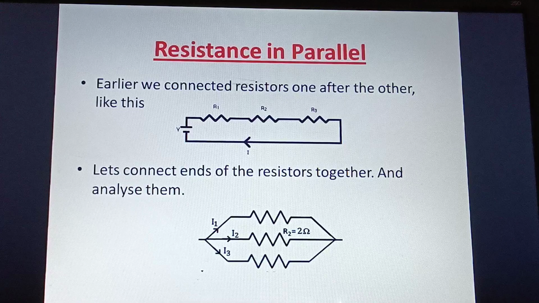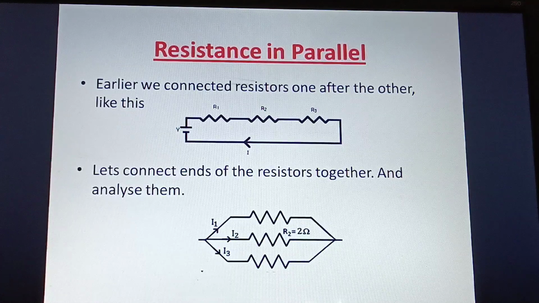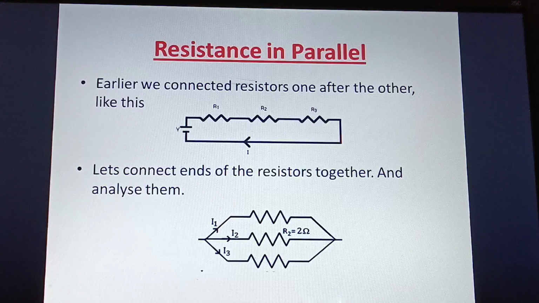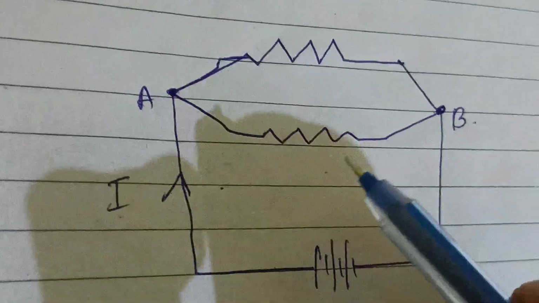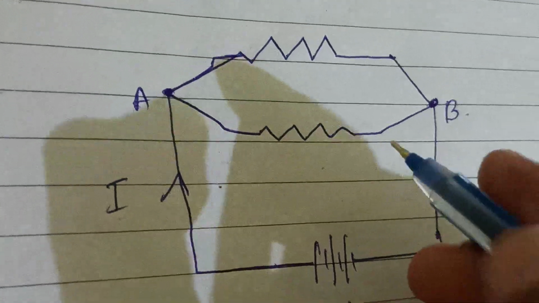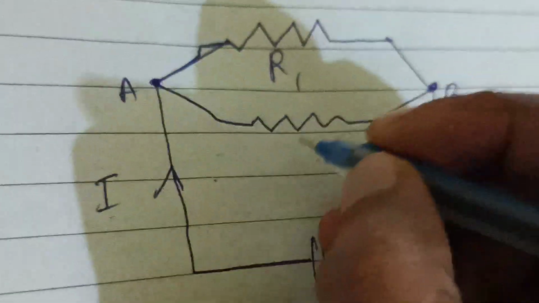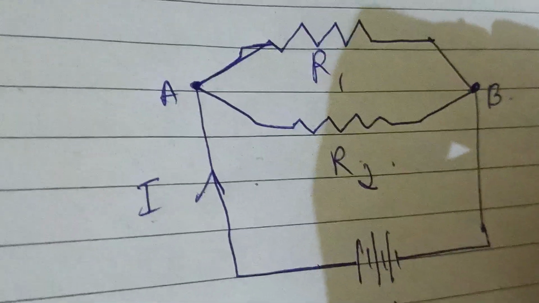In series, the current was constant and the voltage gets distributed, isn't it? So in parallel, what happens? Let's first see about the voltage in the circuit. Now if you see the circuit, this I will name as R1 and this is R2.